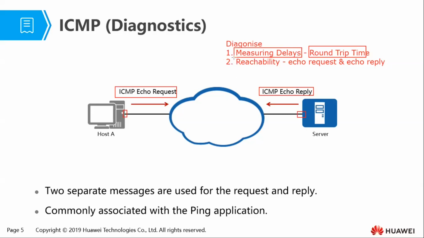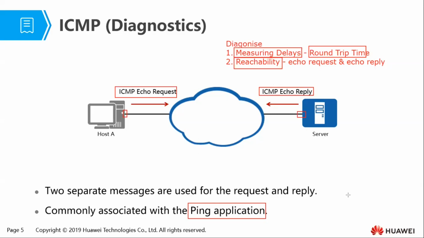Now, reachability. When you receive an echo reply after sending out an echo request, it means that that particular end is reachable. And I think some of you have tried this so far. It's called the ping application. On Windows, on the command prompt, you can just ping an IP address or even a web address.